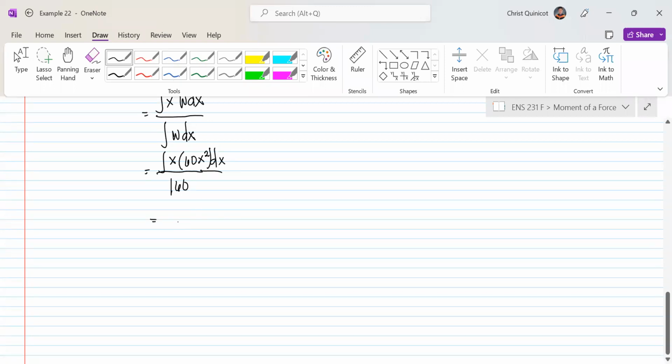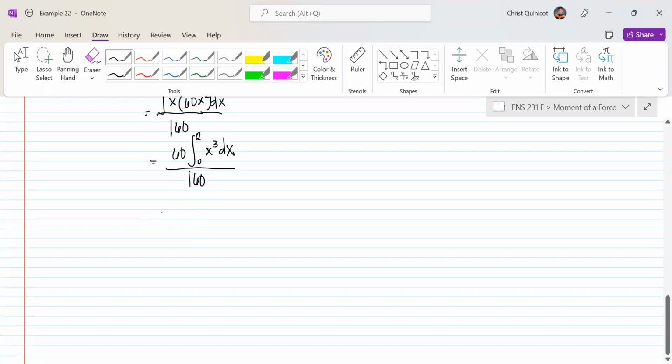This becomes 60 times the integral of x cubed dx, and we are going to evaluate this from 0 to 2, divided by 160, which is the value of our resultant. So this becomes 60 over 160 times x to the fourth over 4, evaluated from 0 to 2.